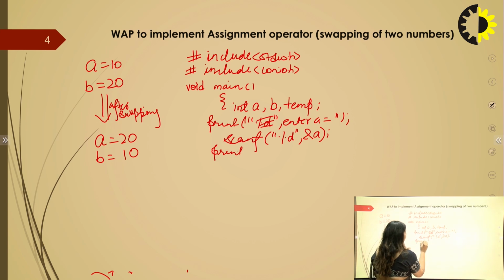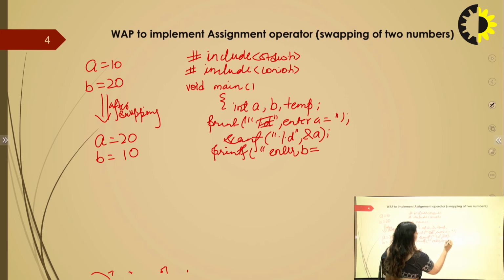Then printf enter b is equal to. Here we are actually entering the values of a and b first, later on we will swap them.